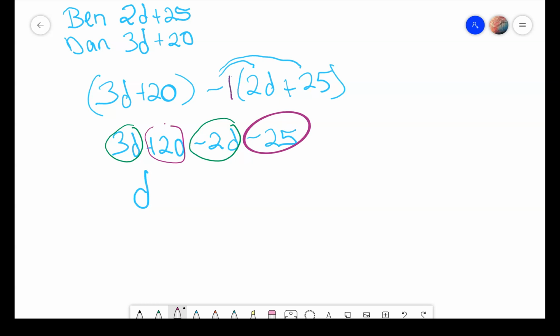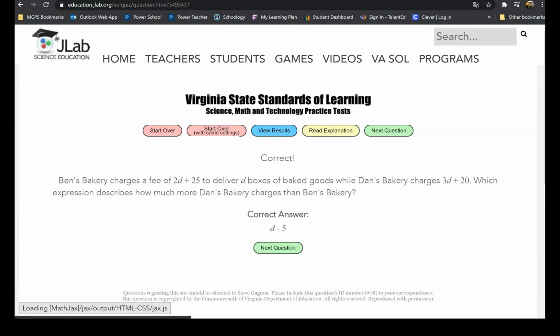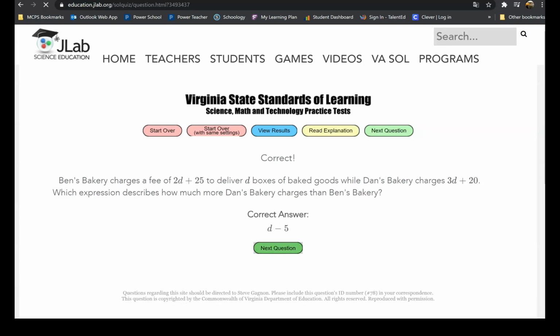If I combine those, what do I get? I get negative 5. So that is how much more Dan charges than Ben. D minus 5. And we're correct.